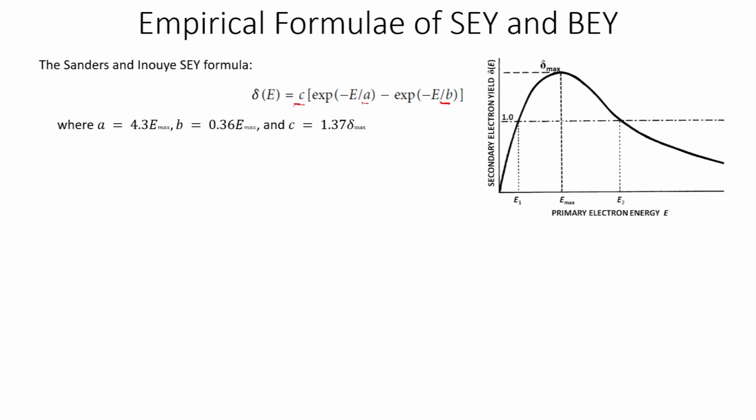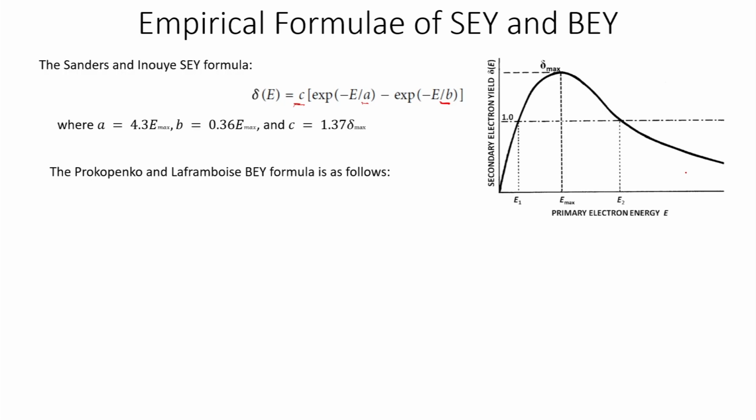I can do it at any energy, to find delta E. This curve we already discussed, what E 1 and E 2 are, and why it is monotonically decreasing. All those things we discussed in the last session.